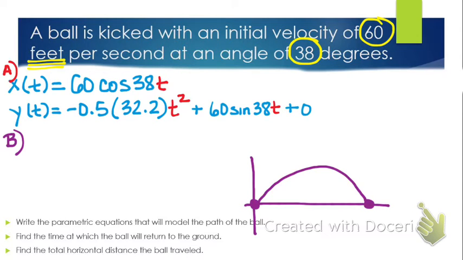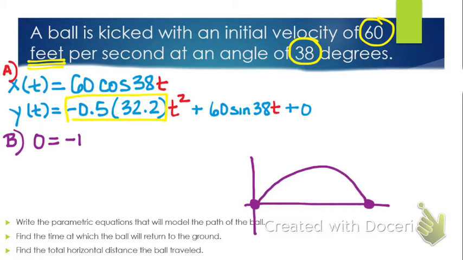So let's do that. So 0 equals, if you type this in your calculator, let's go ahead and figure out what this number would be. What is negative 0.5 times 32.2?